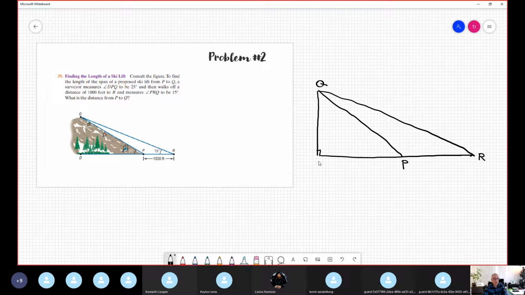So what is the information that's given? Well, the surveyor measured the angle of elevation, which is 25. So this guy is 25. And then walks off a distance of 100 feet. That distance is 100 feet.